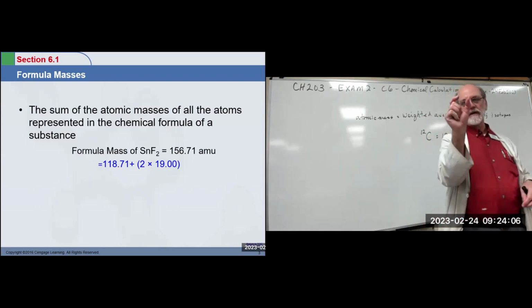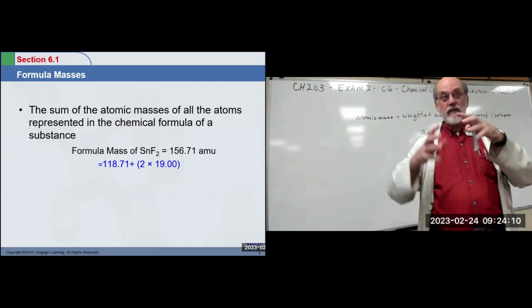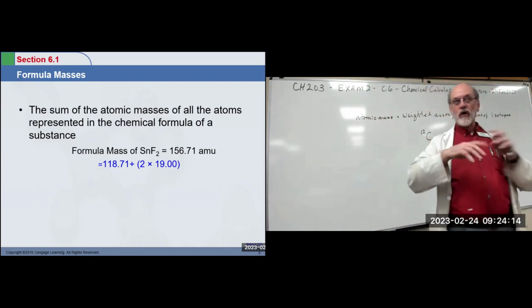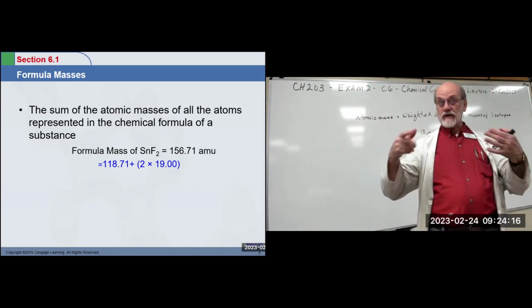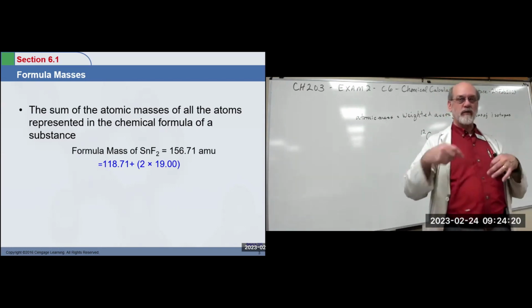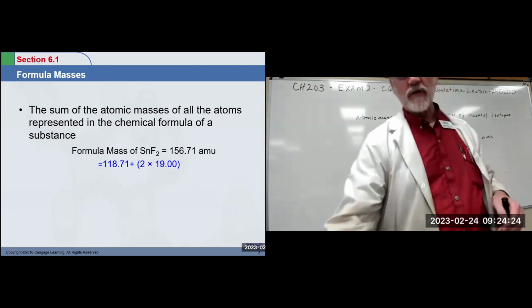So you could have a real tiny salt crystal of sodium chloride. You can have a big salt crystal of sodium chloride. There are no individual molecules in there. They're all ions. So NaCl is the simplest whole number ratio of those. And that's the way the formula is reported.